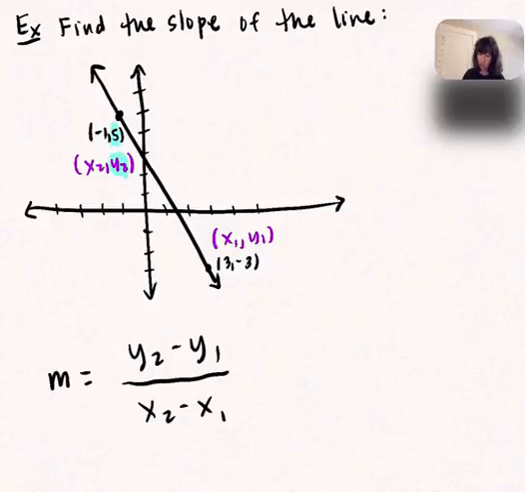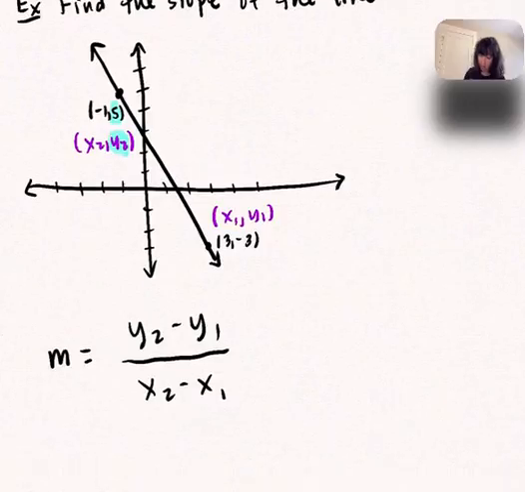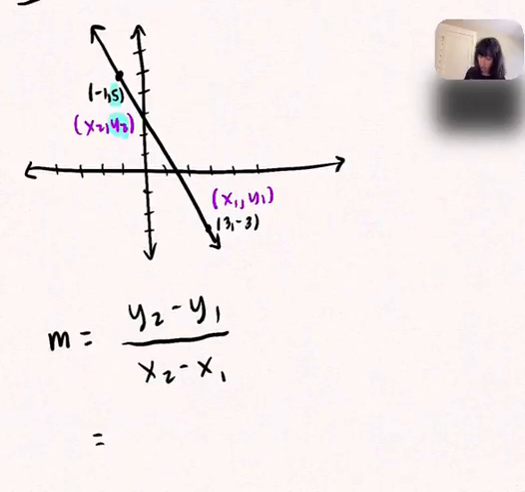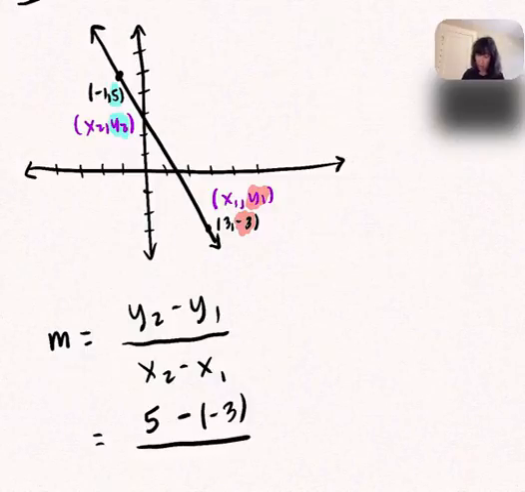And so I can come to this formula and I can replace y2 with 5. I'm going to do the same thing for all of the numbers here. In other words, y1, you can see right over here, is -3. So I'm going to come in here and replace y1 with -3. And then I'll do the same thing for x2 and x1.